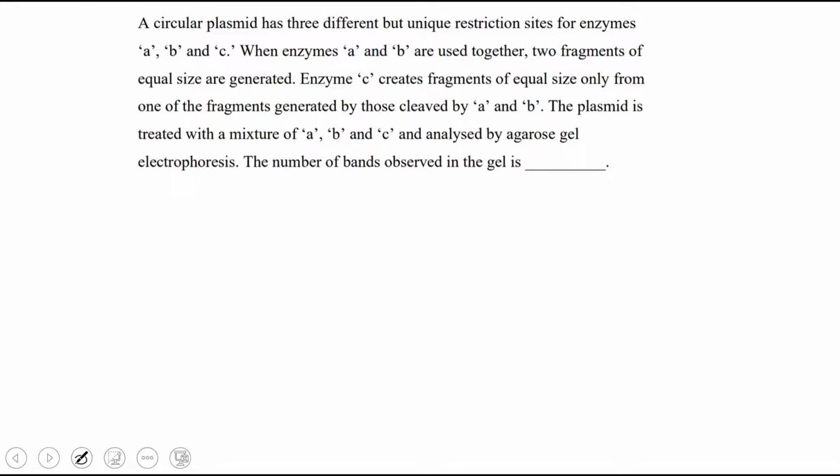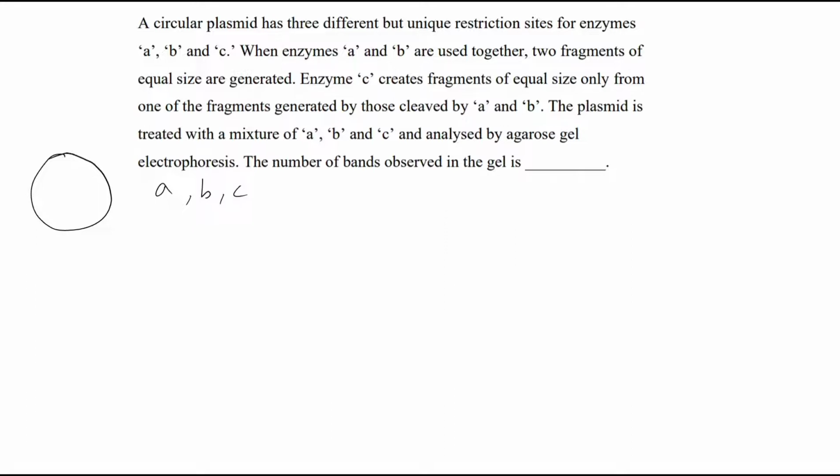The next question says a circular plasmid has three different but unique restriction sites for enzymes A, B, and C. When enzymes A and B are used together, two fragments of equal sizes are generated.